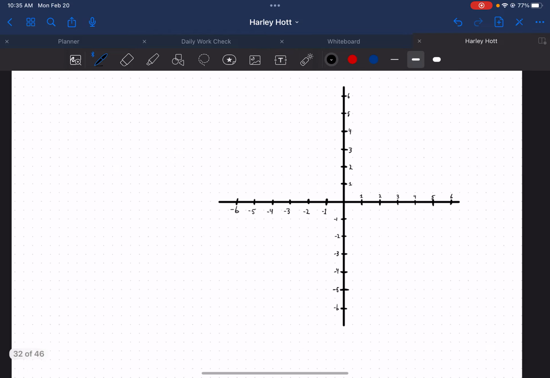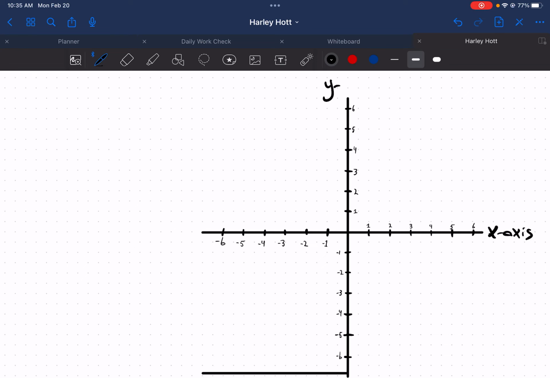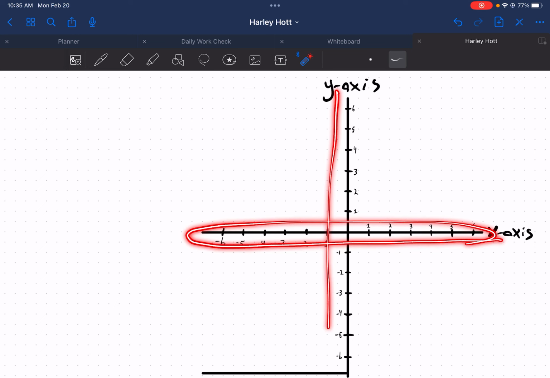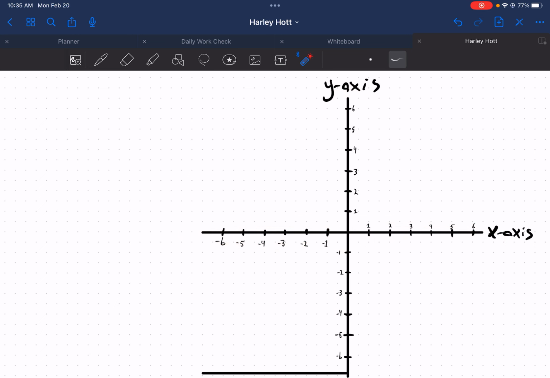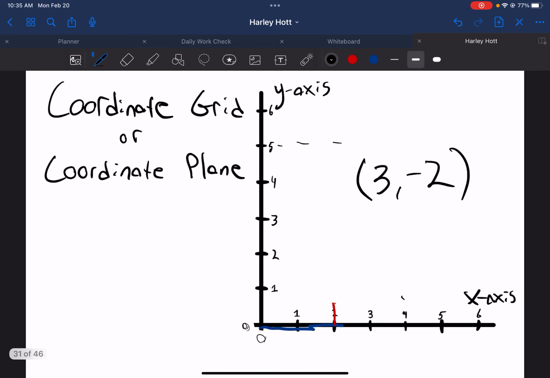This is the coordinate grid that we are going to be using in this class and Modules going forward. Still has the x-axis, still has the y-axis, but the x-axis and y-axis go further than they did before. They go all the way into the negatives in both directions. So when I look back, what was that coordinate? 3, negative 2.